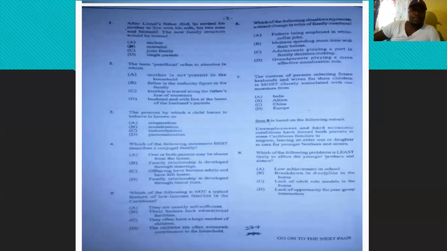All right, let's begin. Number one says, after Lloyd's father died, he invited his mother to live with his wife, his two sons, and himself. The new family structure would be termed A, nuclear, B, extended, C, joint family, D, single parent family. Answer is B, extended. It's not nuclear because his mother is there, right?